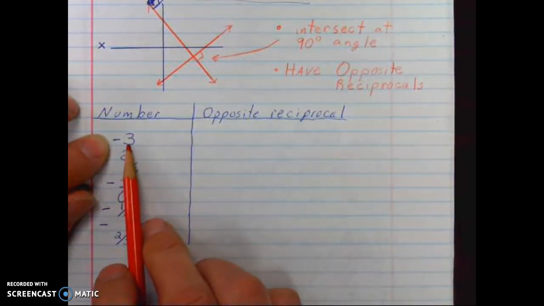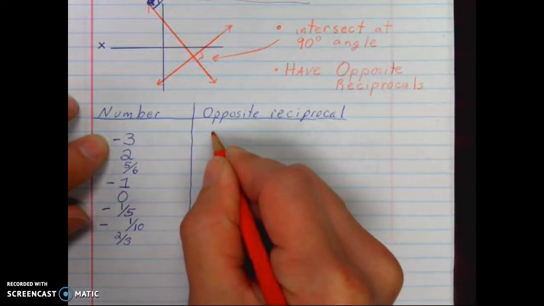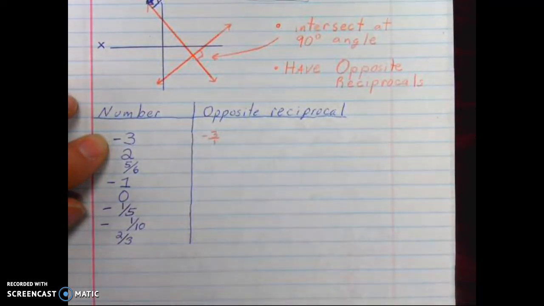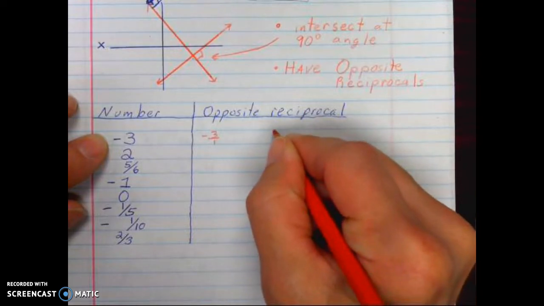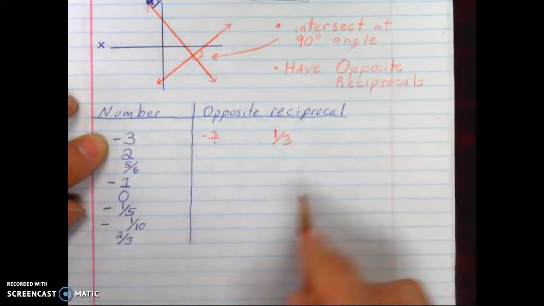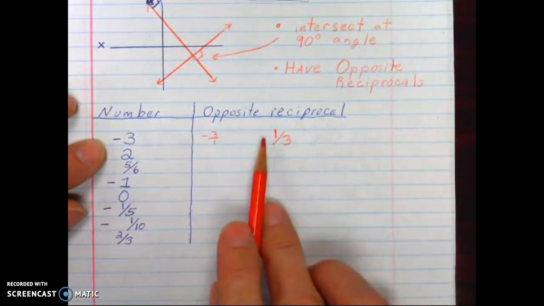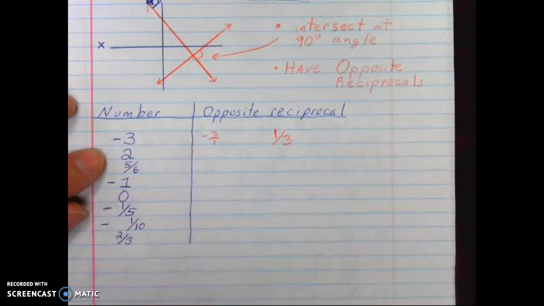So if we have a 3, remember that 3 kind of looks like 3/1, right? So that's almost like a -3/1. But what is the reciprocal? The reciprocal is going to be 1/3. And again, we said opposite. So what's the opposite of negative? Positive. So this is a positive 1/3.